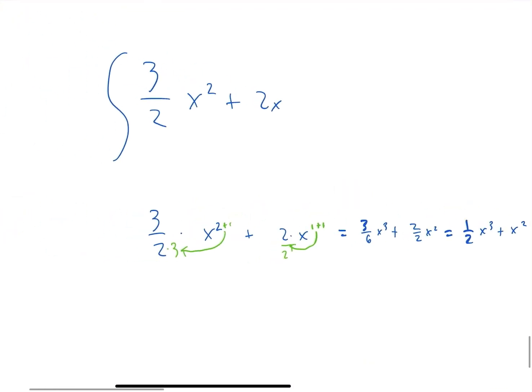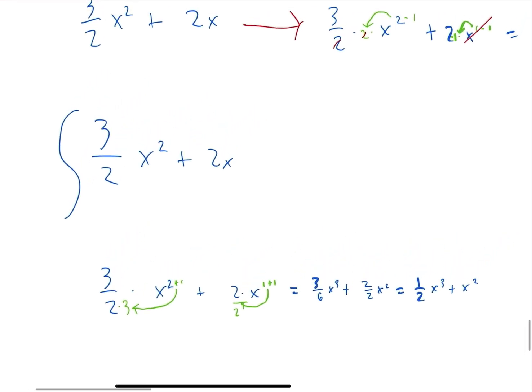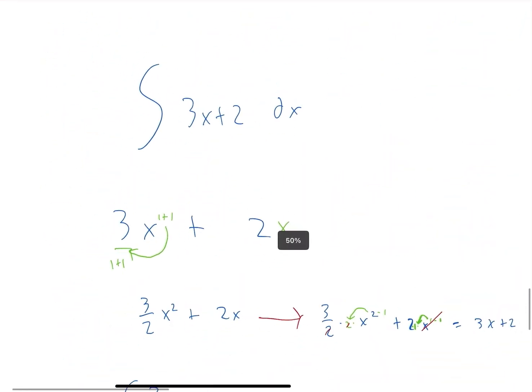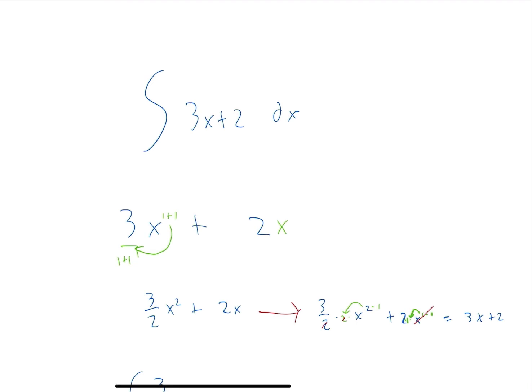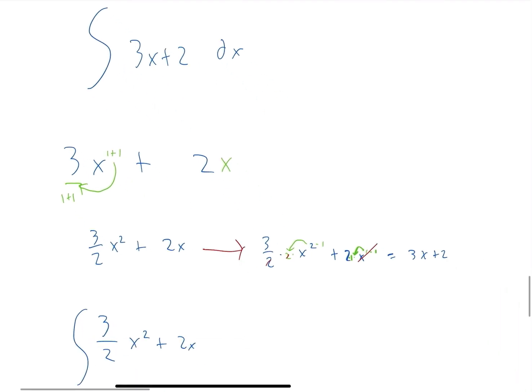Now, for an indefinite integral, I didn't fully write all these correctly because technically an indefinite integral can always have some random constant. So you always want to remember to put plus c for an indefinite integral. Always, and I mean always, plus c.